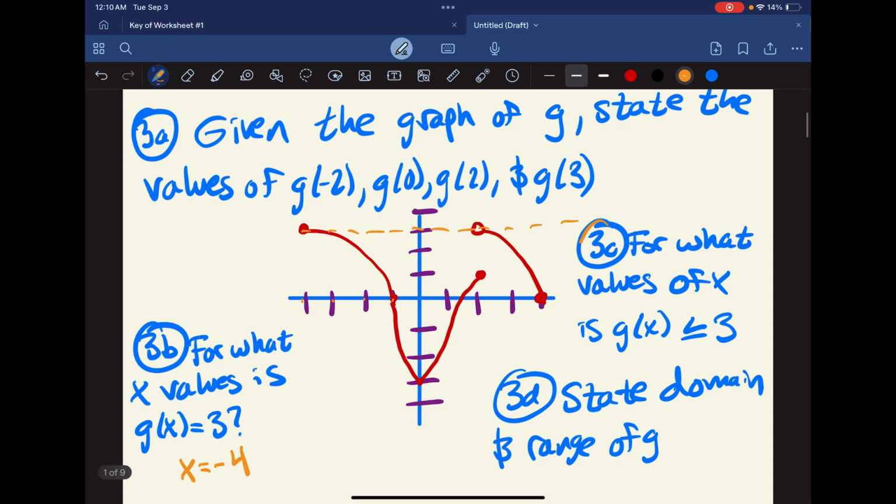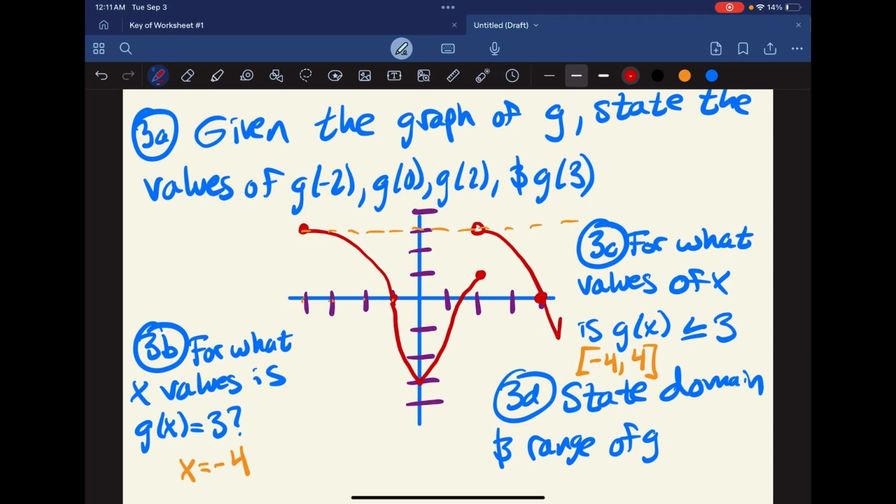Okay, now for 3c, for what values of x is g of x less than or equal to 3? And that is going to be everything in our domain. So you can see here we are defined from negative 4 all the way to positive 4. So that would be our answer here. Notice that we do not say negative infinity to positive infinity, and that's because our function, as far as we know, is only defined from negative 4 to positive 4.